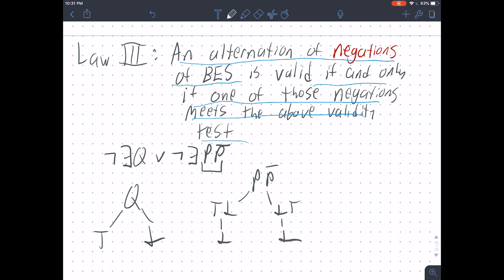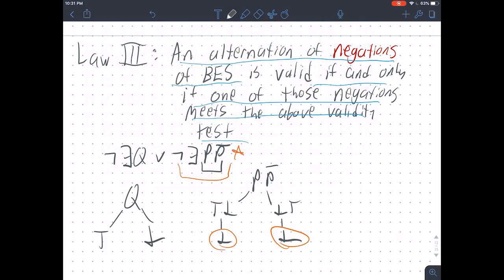Okay, so what this says is if we have an alternation of negations, we have to do a truth value analysis on each of them. And if at least one of them, remember they have to be negations of Boolean existence schemata, comes out inconsistent like this one here does, then the whole thing is going to be valid. And that should make some sense, based on what you know about truth value analysis, right?